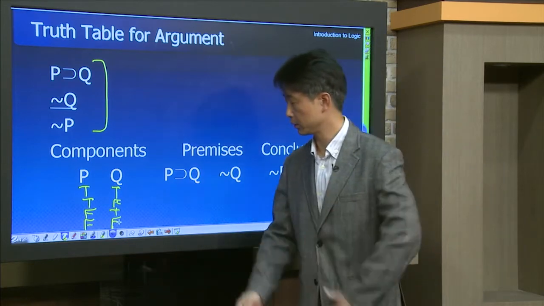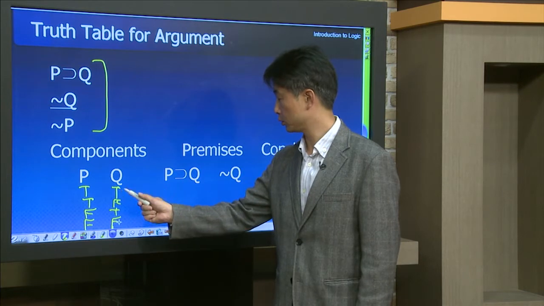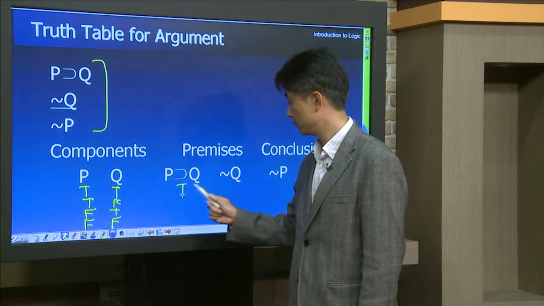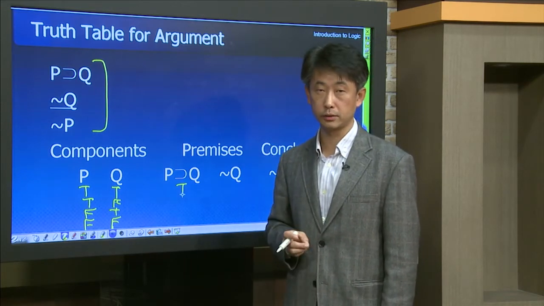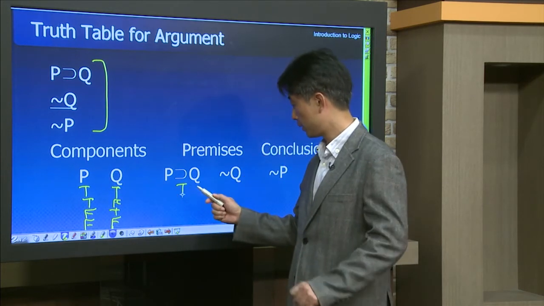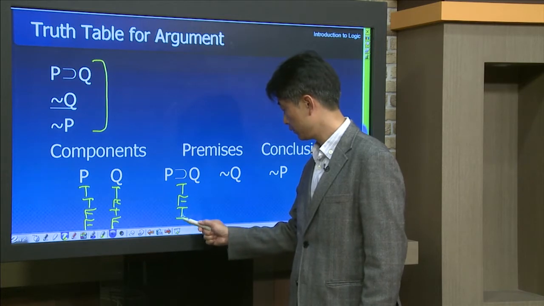It's straightforward. Okay? So when P is true and Q is true, P then Q is true. Go back to the truth table for the conditionals. If you remember, it's TF, TT.